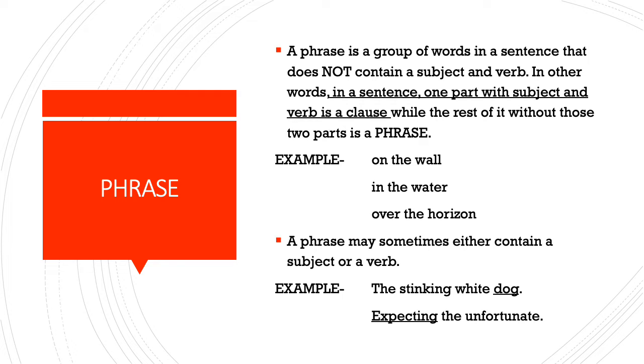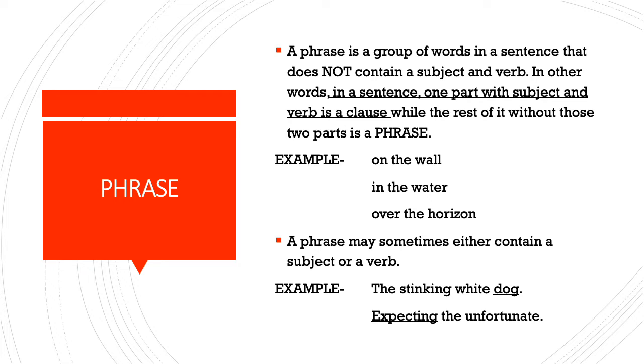Now at a time, a phrase will not contain both the subject and the verb. No, if it contains both the subject and the verb together, then it becomes a clause. Okay, but a phrase can have a subject, or it can have a verb, or it may not have either.